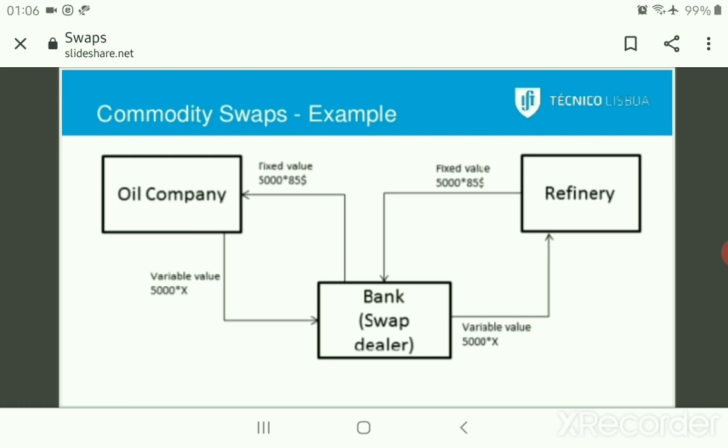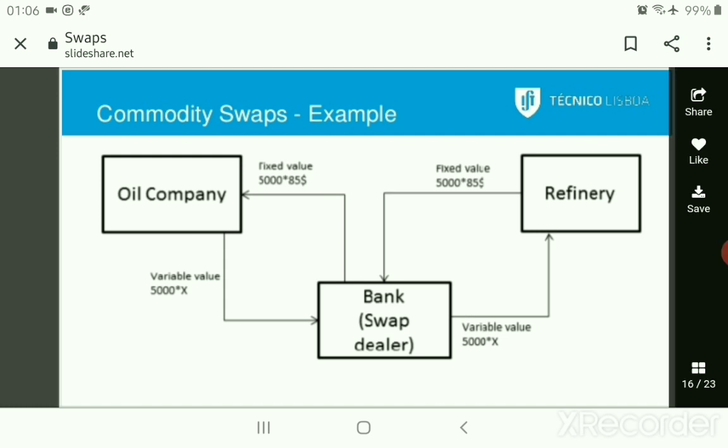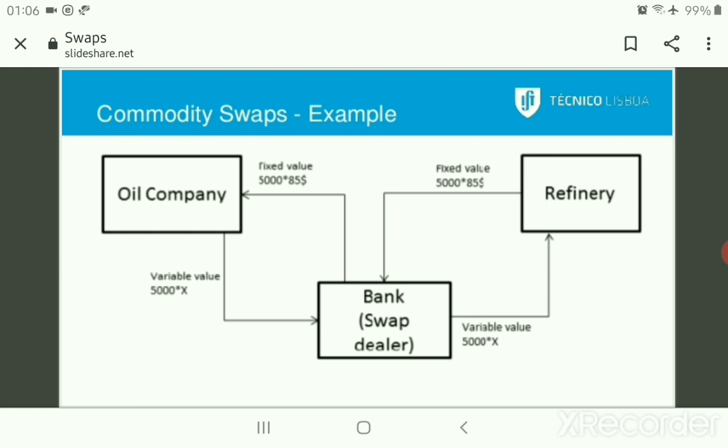A refinery wants to sell to oil company, say for 3 years. Okay, and now what is happening is, when refinery wants to sell its product to oil company for 3 years, it wants to get a fixed value.